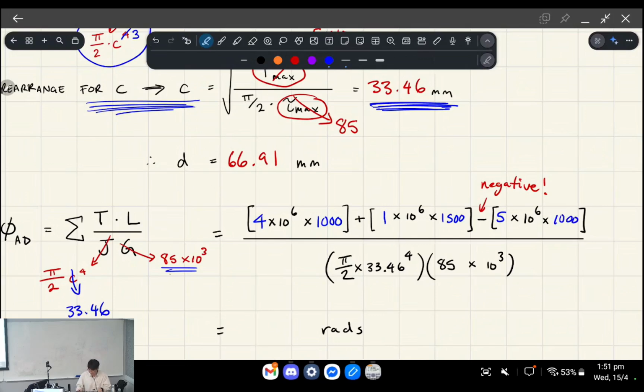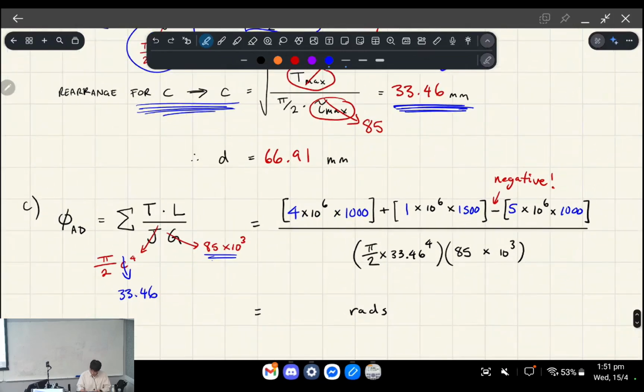So that one will give you a negative twist value. When you punch all of this in the calculator, you simply get 0.003 radians. So that's the difference in twist from point A to D along the entire shaft. All those various point loads correspond to this in terms of a twist in the end.